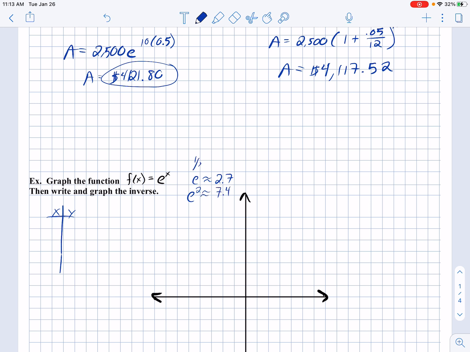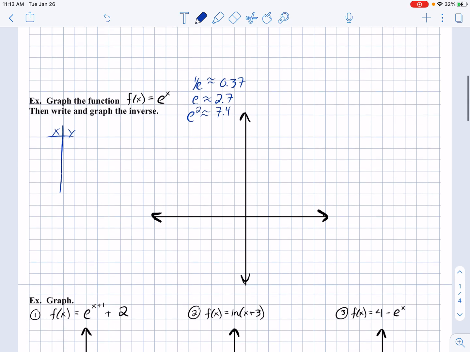We also might need 1 divided by e in here if we plug in some negative values, which would be 0.37. Okay, so we have those values here. We can go ahead and plug them in: -1, 0, 1, and 2. -1 gets us 1 over e, 0 is 1, 1 just gets us e, and 2 gets us e squared.